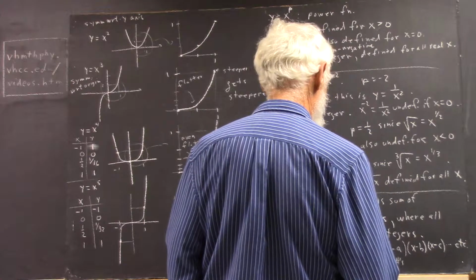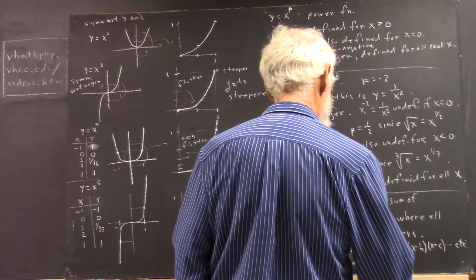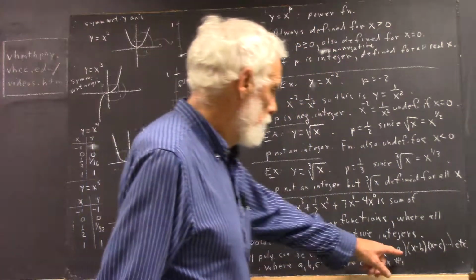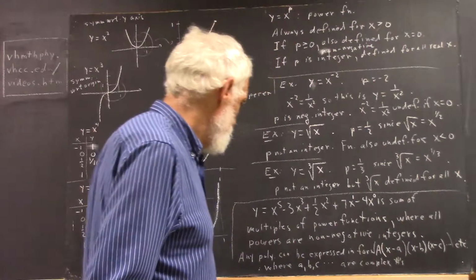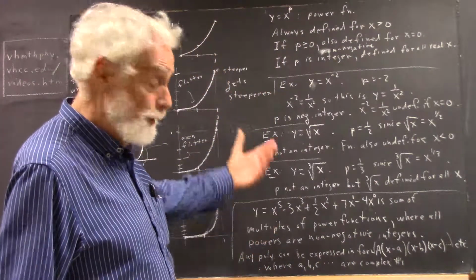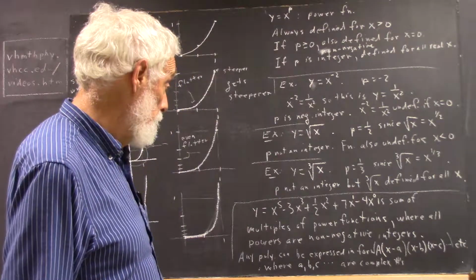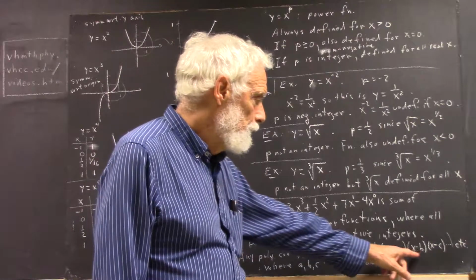I'll put a capital A in front of this, which is distinguished from the lowercase a. We need a coefficient out here because sometimes the highest power term has a coefficient other than 1, obviously. The point is that we can factor it like this.